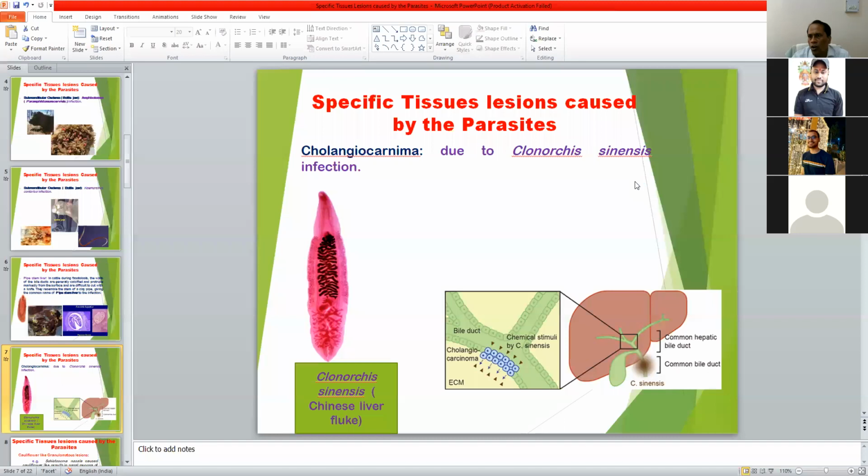So the final hosts, dog, cat and man, get Clonorchis sinensis infection from metacercariae in infected fish. It lives in the bile duct, so it generally causes cholangiocarcinoma, that is carcinoma of the bile duct, due to Clonorchis sinensis, the Chinese liver fluke.